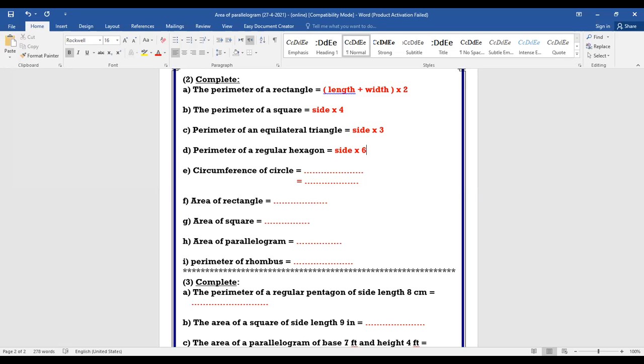Circumference of a circle. I have two formulas for it. Tell me the circumference of a circle.